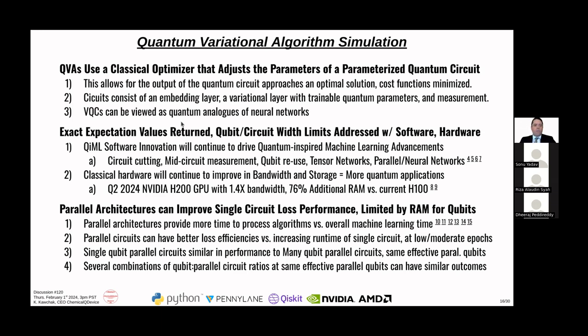And the software behind this, circuit cutting, mid-circuit measurement, a lot of this is for QiML and for QML, qubit reuse, tensor networks, and then these parallel neural networks that I'll talk about here too, is one aspect of basically saying classical hardware works so well, it's advancing at a much higher rate than other quantum technologies. Let's just find a way to make this work because we want to run huge circuits, right?